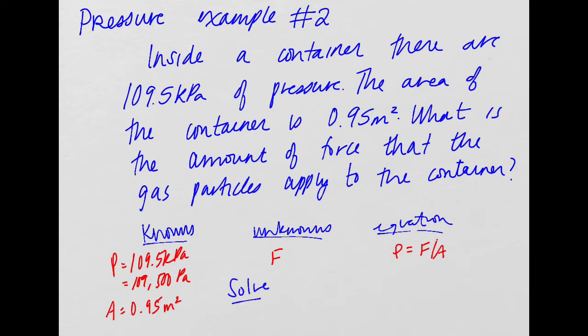First, before we solve, we're going to have to rearrange our equation by multiplying both sides by area, and then we'll get force equals pressure times area. So force equals 109,500 pascals, multiplied by our area, which is 0.95 meters squared.